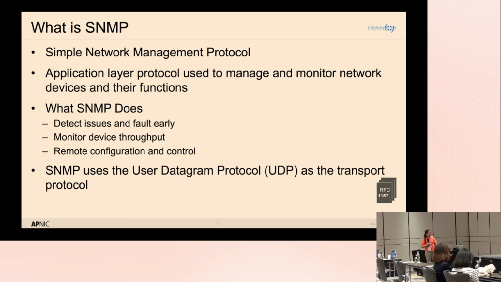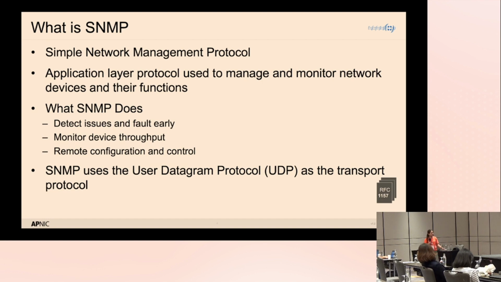But what is it? It's an application layer protocol for managing and monitoring networks. It's simple because it only has a few messages or a few functions. You get, bulk, you set, things like that. So it's very simple. You run an agent, you run a manager, and they connect with each other with a request and response type of exchange.